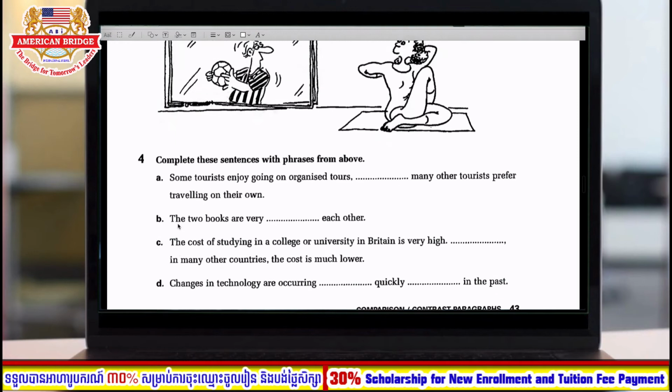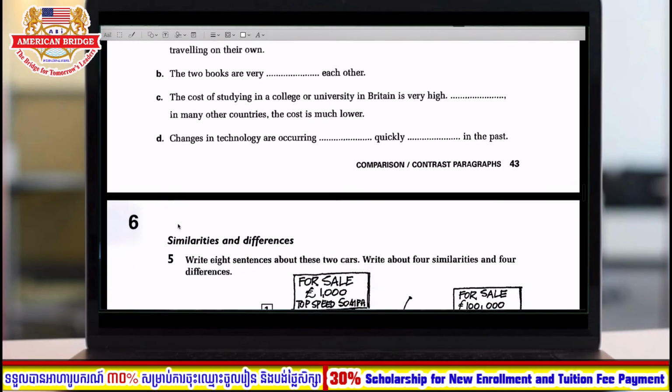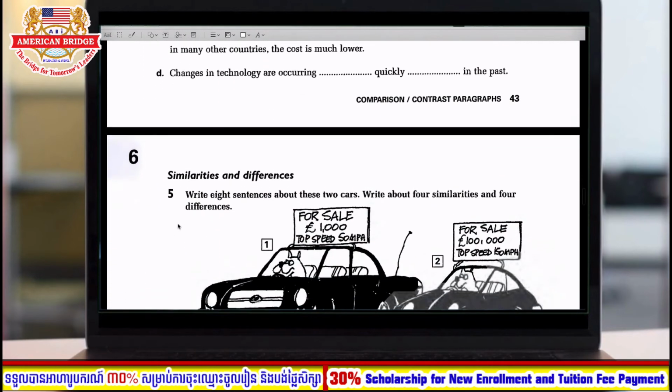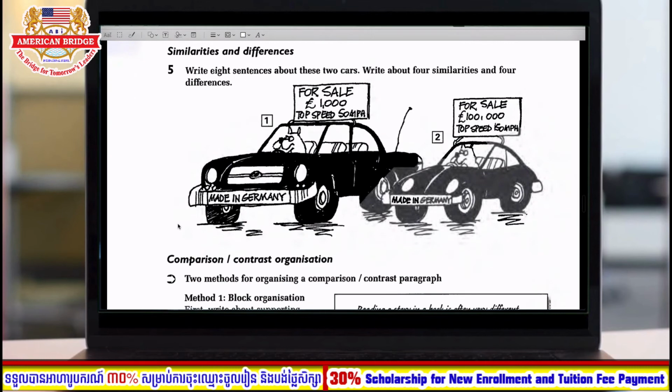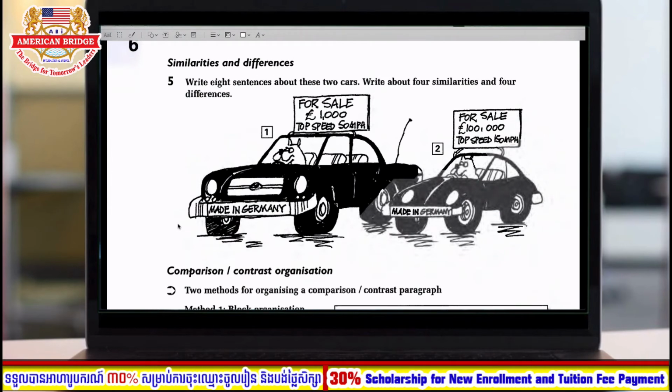Okay, so here are some practice exercises which I would like to skip for now. When we talk about comparison and contrast, we also talk about similarities and differences. So here is an example, and this example will be your homework. What I would like to give you as homework is, here you can see the picture.